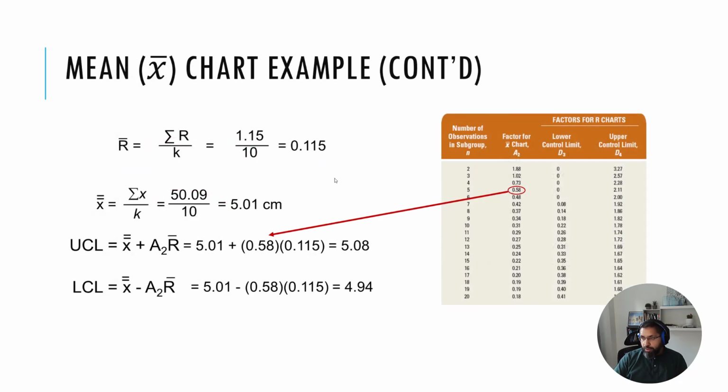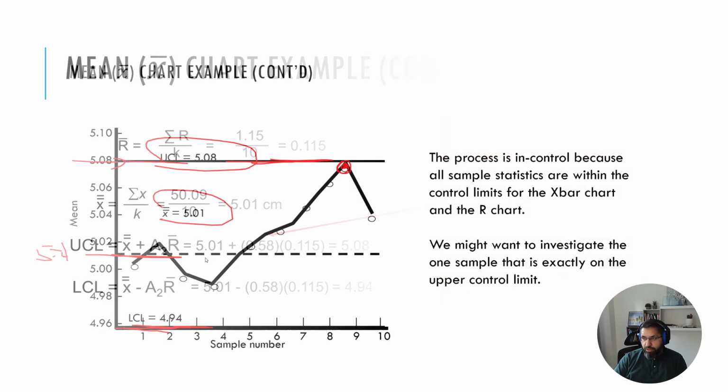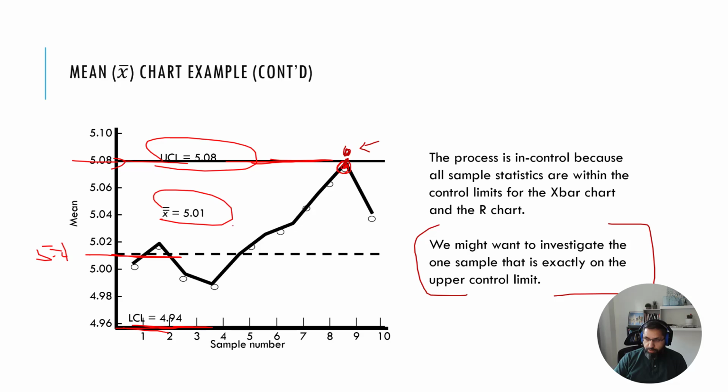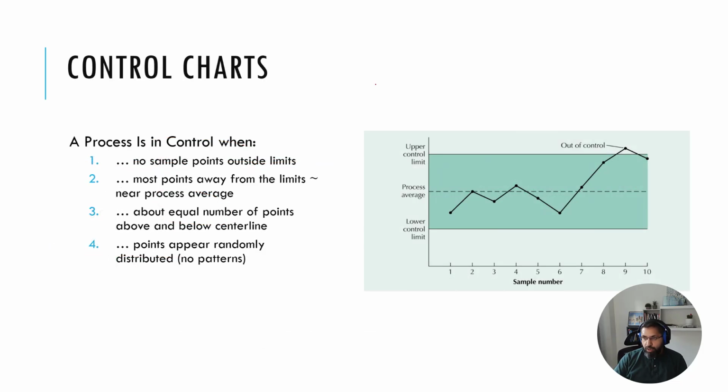So we figured out how to use the formulas to calculate the control limits. Then you just draw horizontal lines at the control limits and plot your sample statistics, the x bar values or the range values, on that graph. A process is in control when no sample points are outside the limits, most points are away from the limits near the process average, and about an equal number of points are above and below the center line.